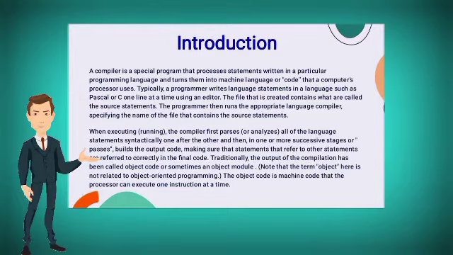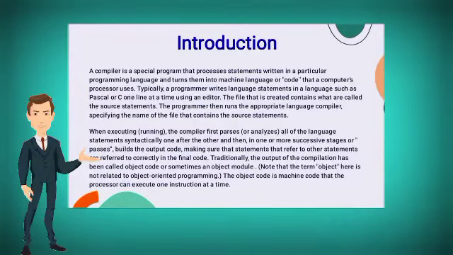The programmer then runs the appropriate language compiler, specifying the name of the file that contains the source statements. When executing, the compiler first parses all of the language statements syntactically, one after the other, and then, in one or more successive stages or phases, builds the output code, making sure that statements that refer to other statements are referred to correctly in the final code.